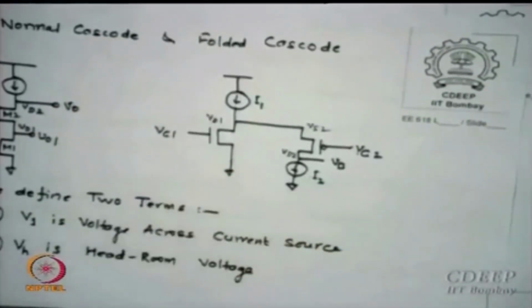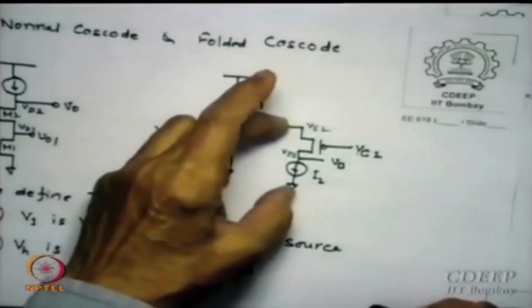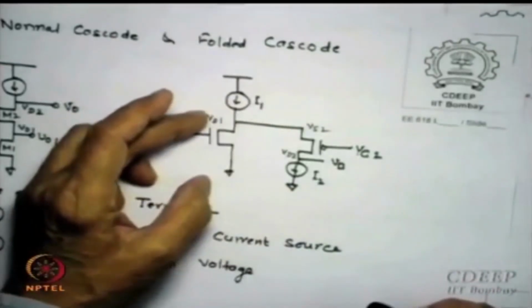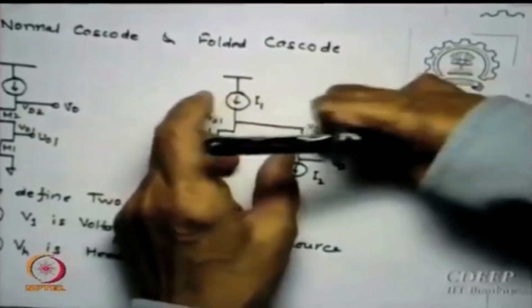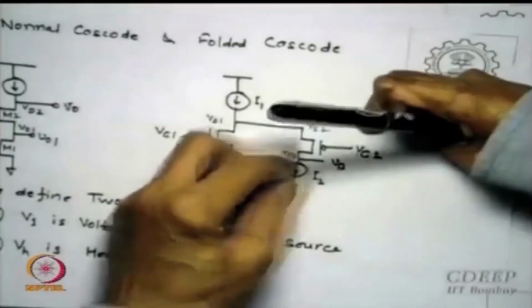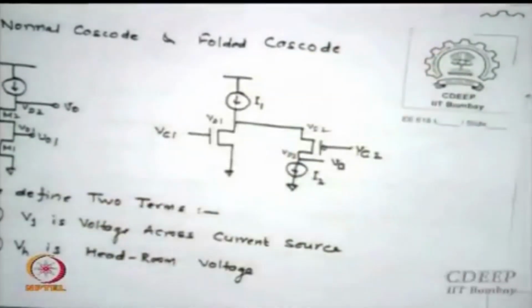I1 and I2 are the current sources which are biasing the N and P devices; in most cases they will be the same, okay. But yes, VO is essentially small, this is VD1. So VS2 is the same as VD1. VD2 is essentially referenced to either this or this, minus this plus this, that is what I am saying.